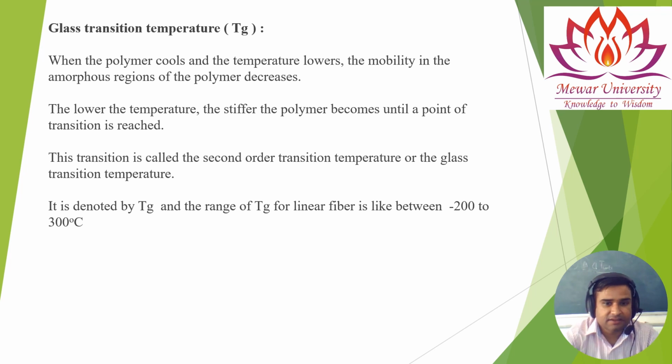The next thermal property of polymers is the glass transition temperature. So what is glass transition temperature? When the polymer cools, the temperature lowers and the mobility in the amorphous region of the polymer decreases.